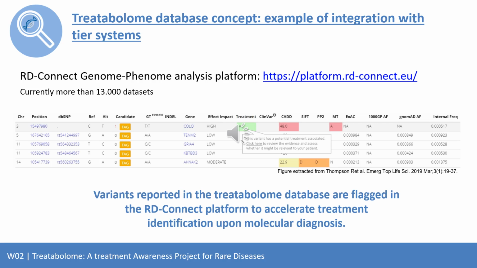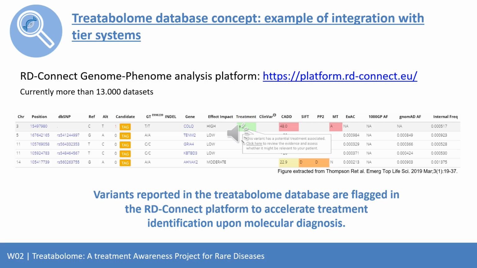This will accelerate treatment identification when identifying the disease-causing variant in the system. Therefore, clinicians will identify the molecular diagnosis and know the treatment options simultaneously, and this will really accelerate patient access to those treatments.